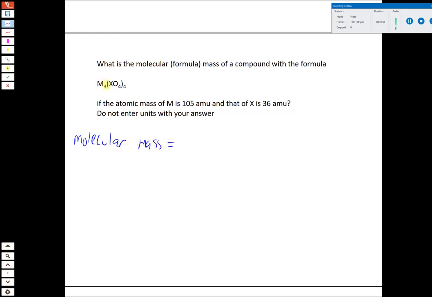So in this formula we have 3 M's, we have 4 X's. Remember that this whole XO4, which is sort of like a polyatomic anion, I suppose, is taken 4 times. So whatever's outside of the parentheses, you multiply whatever's inside. There's one X in the ion, and there's a total of 4. So you're going to have 4 X's.